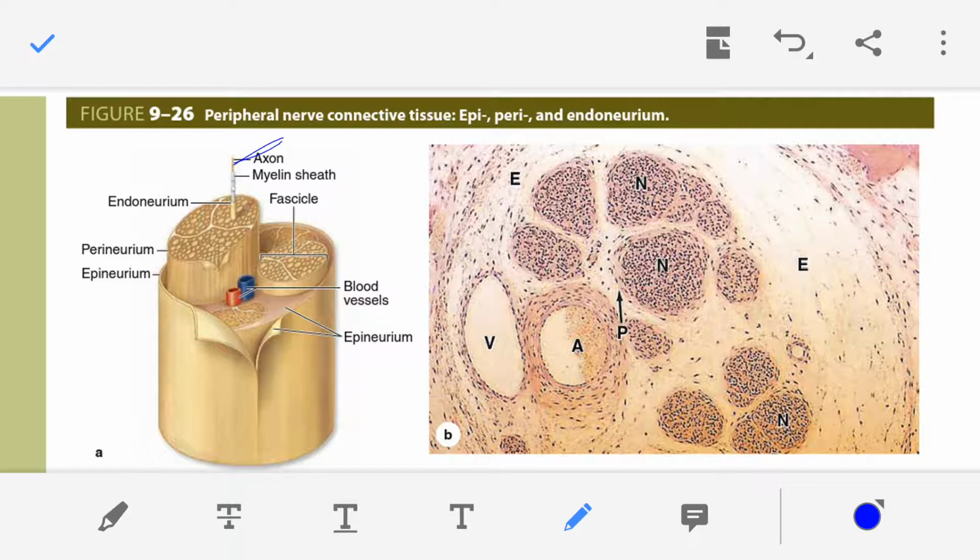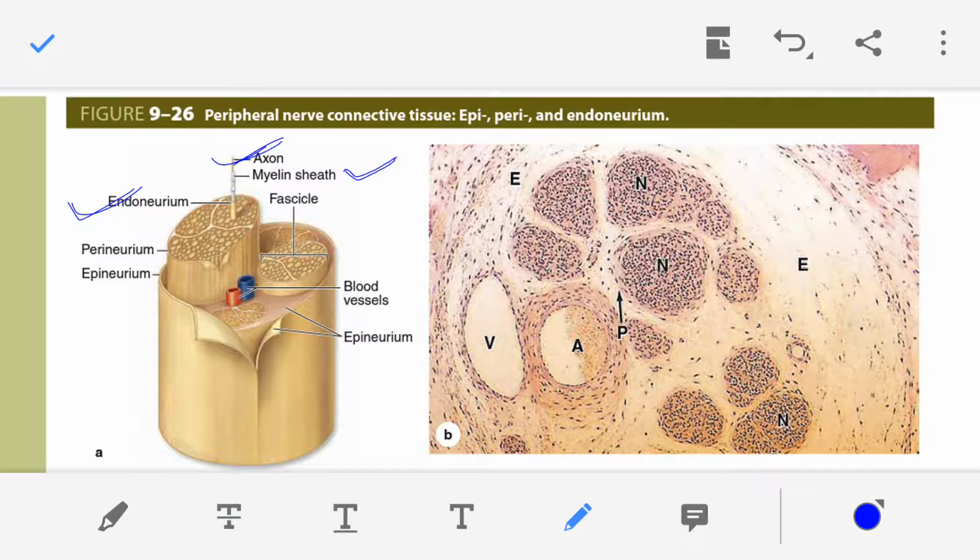This axon is shown out. Around the surface of the axon the myelin sheath is present, and around this myelin sheath a connective tissue layer is present, that is known as endoneurium.